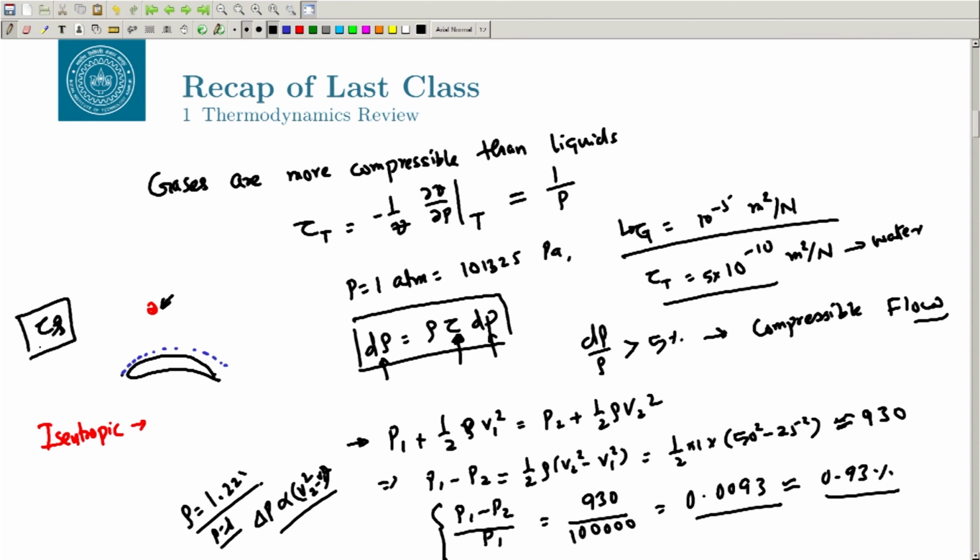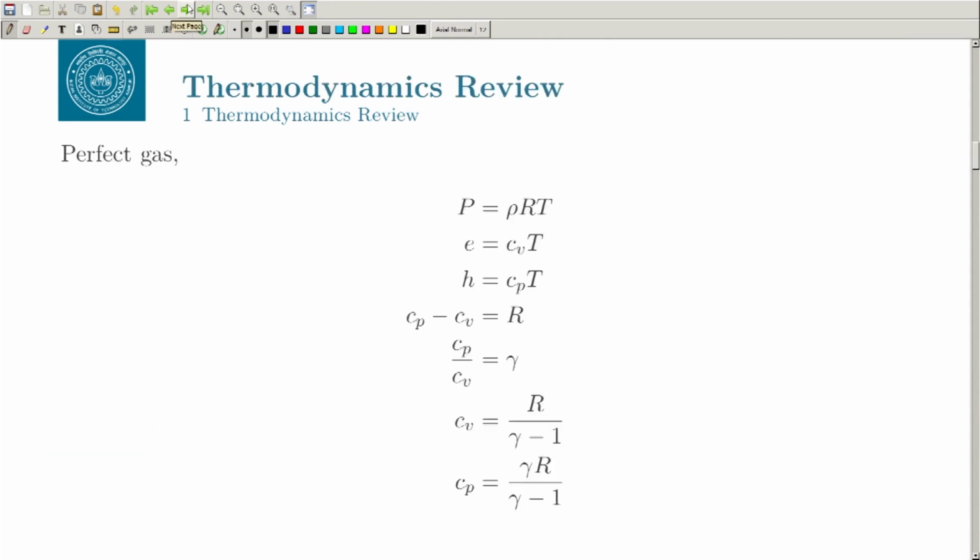Before we go into how to calculate it, let us look at entropy and isentropic processes a little more formally. Let us review the laws of thermodynamics, and then we will come back and calculate tau s. First, a very brief review for a perfect gas. For most of the discussion we will assume a calorically perfect gas.